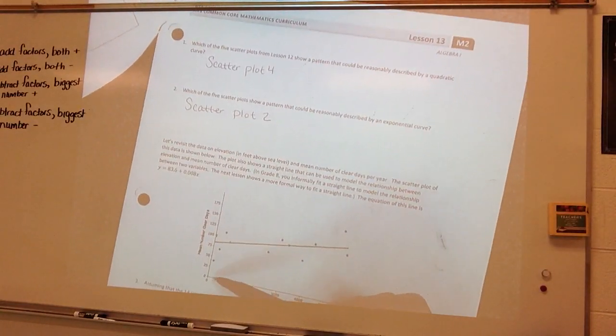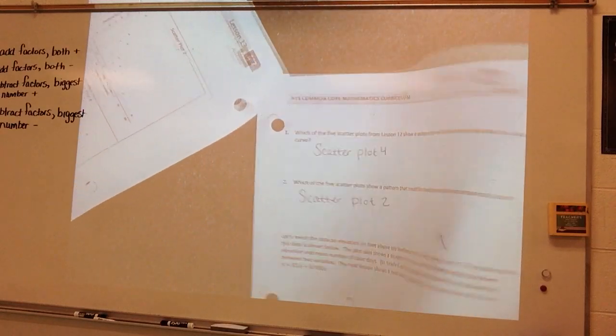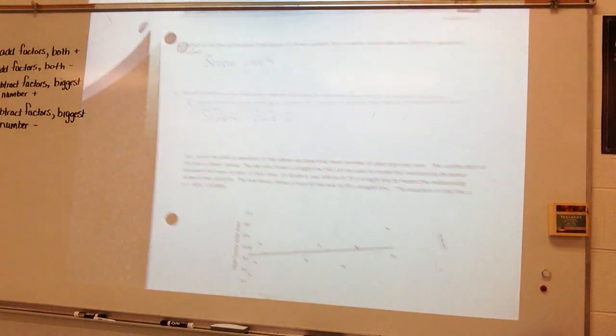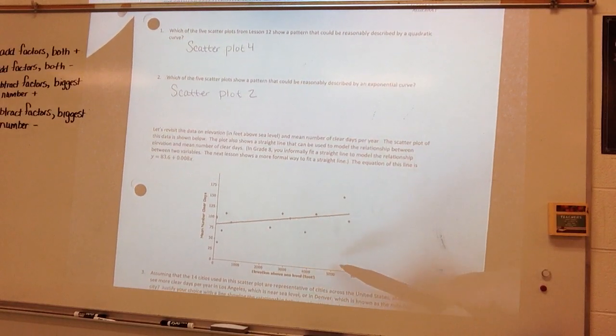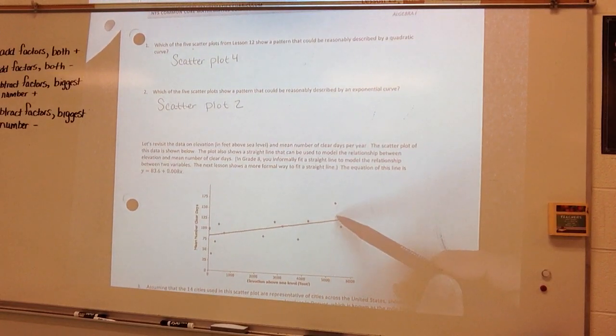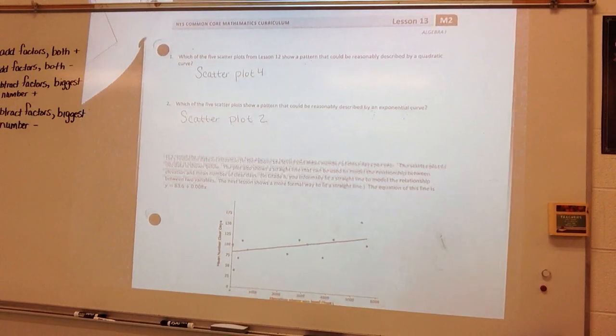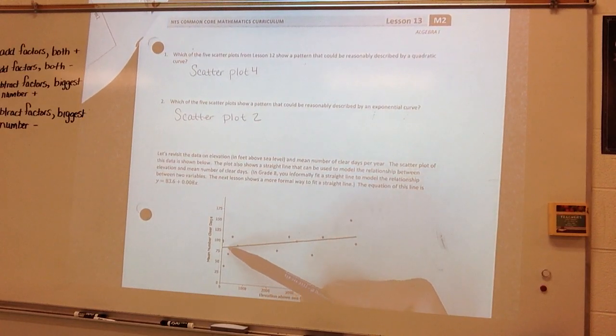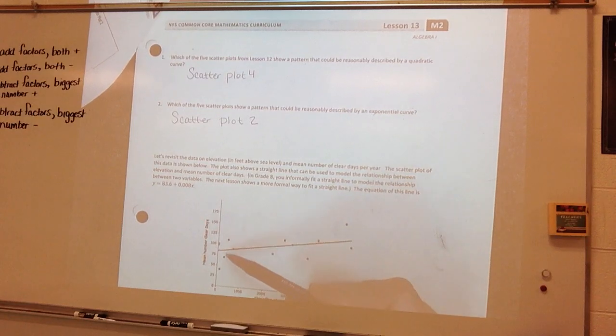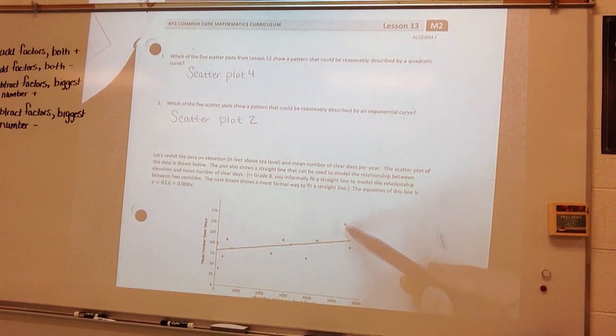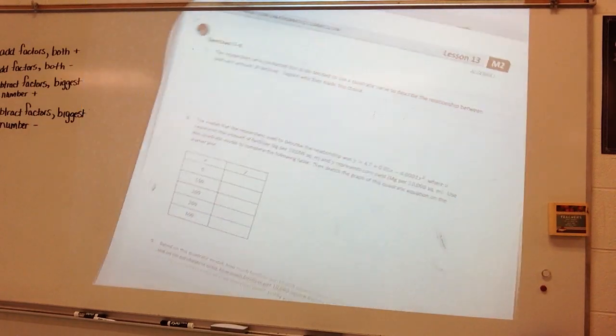Albany was 275, so Albany's somewhere around in here. And then Albuquerque was 5,311, so Albuquerque was somewhere around in here. So I can see that my distance from the point to the line is smaller here than it is here.